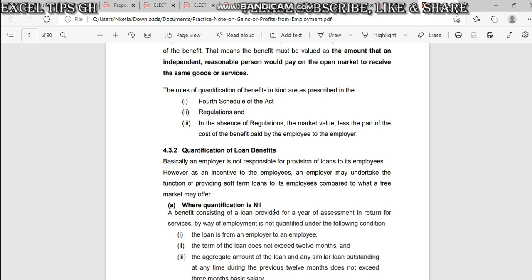So the first thing is that we are going to add other non-cash benefits to it. And with all that we have listed or gone through, if there is any of such benefits an employee earns with which you are assessing his or her accessible income or the tax that he needs to pay, you need to add all of them and then input it in the column we are going to create. So let us go back to our Excel sheet.